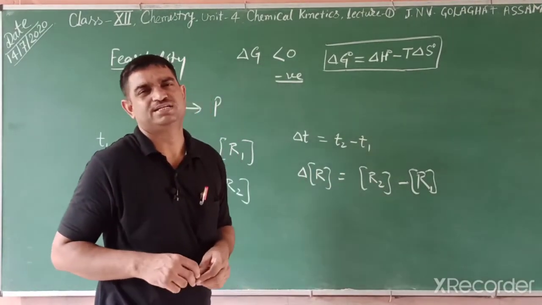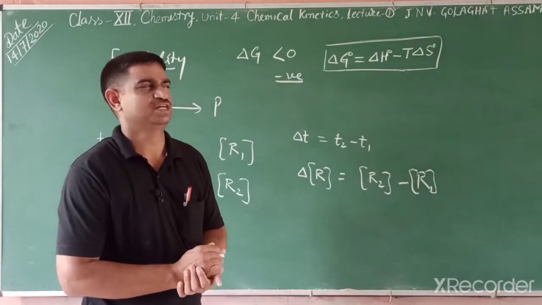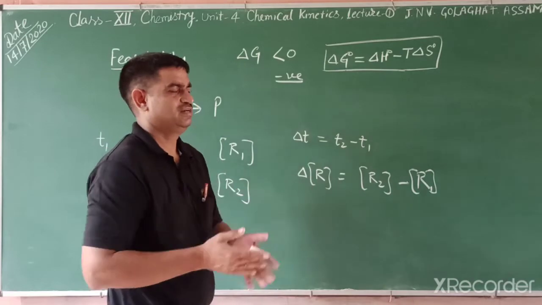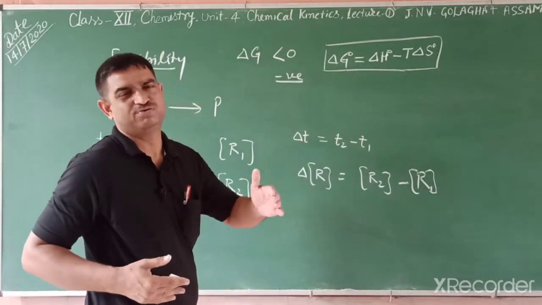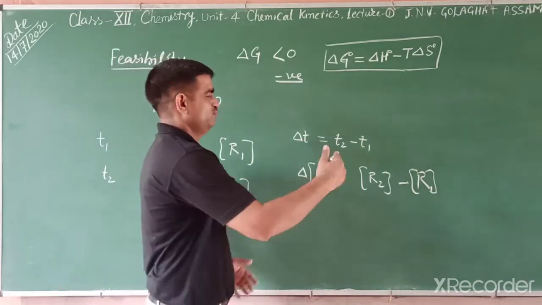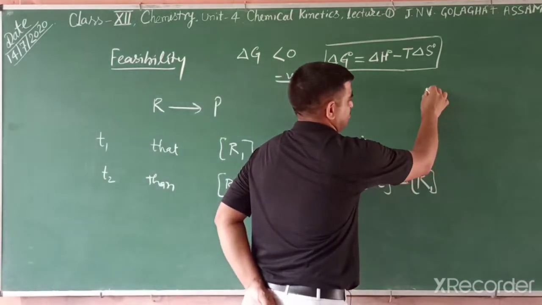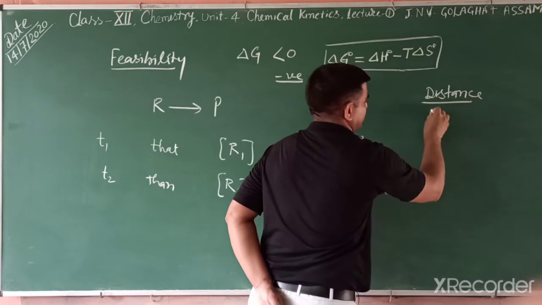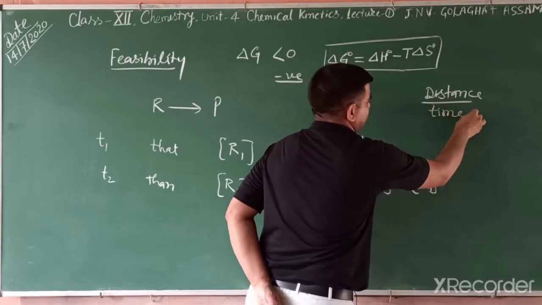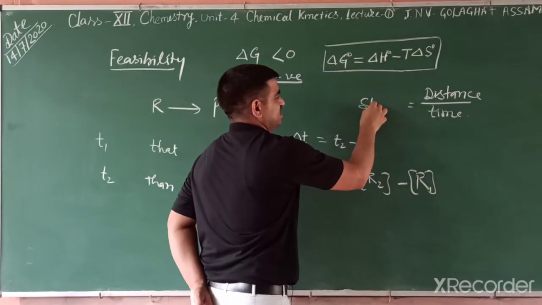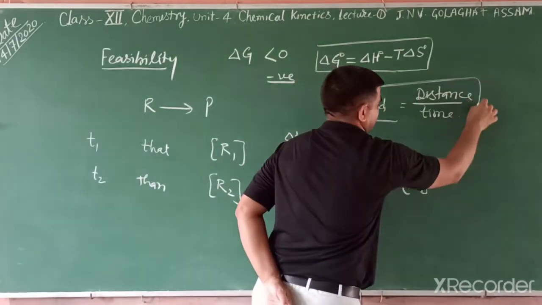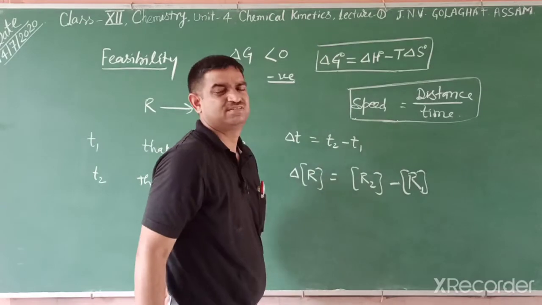But students, this we can identify. So how can we write the rate of reaction or the speed of reaction? Normally we know when an automobile, a car or bus, moves, how can we write speed? Distance divided by time interval. In this way, speed of a reaction we can identify, like you know in mathematics.